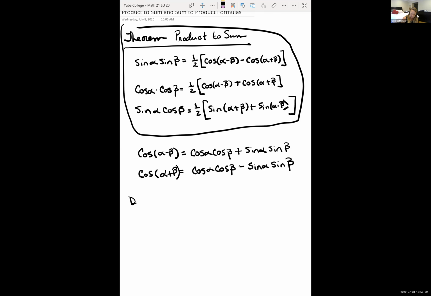So derive one by adding both equations together, and another by subtracting.